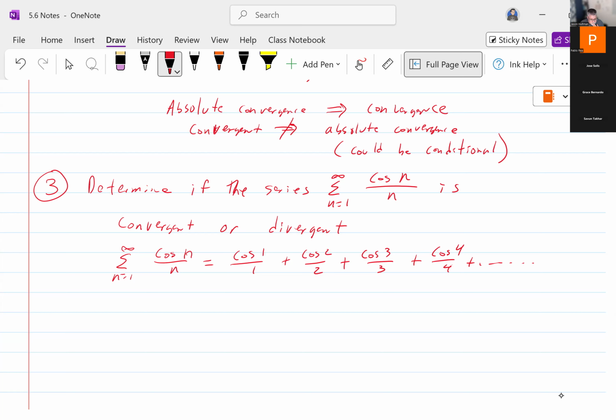So what do we know about these values? Cosine 1, cosine 2, cosine 3, cosine 4. Well, first let's ask the question, are those in radians or degrees?